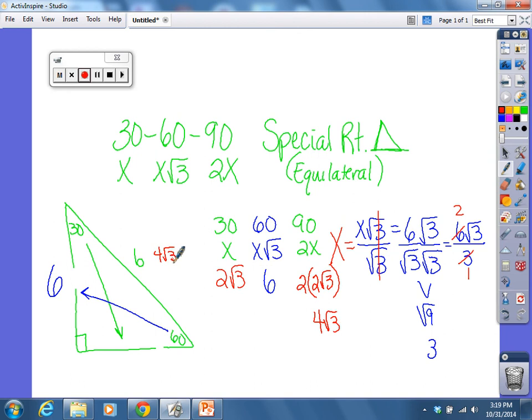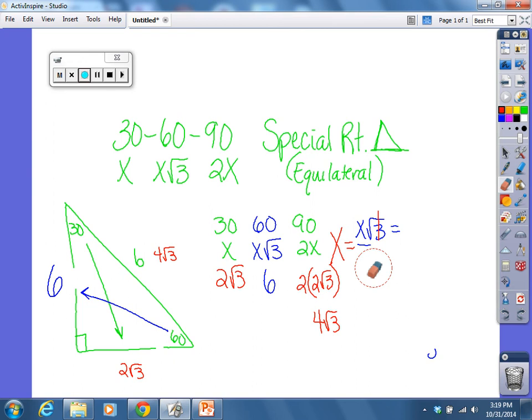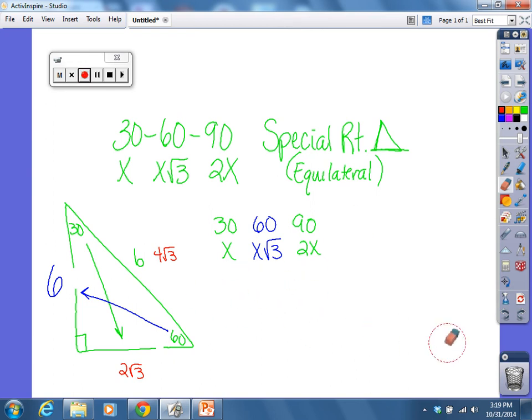And across from my 30 degrees would be 2 square roots of 3. Alright, so it looks kind of funny because we ended up with square roots of 3 everywhere except for in the 60. That's okay. It doesn't matter. As long as you follow the rules and as long as you follow the formula, it's okay that your numbers look a little strange.